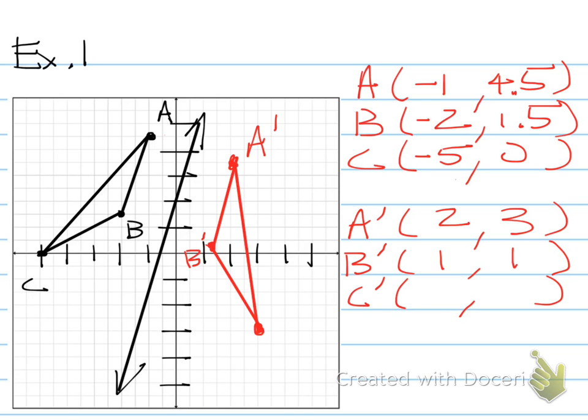And then for C prime, that coordinate is closest to (2, -3). The line in the figure has a slope of 3, and the perpendicular slope is -1/3.